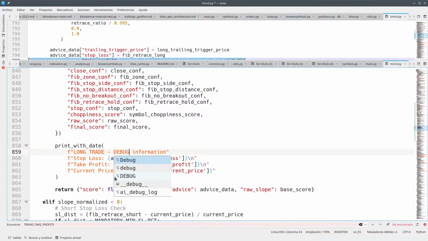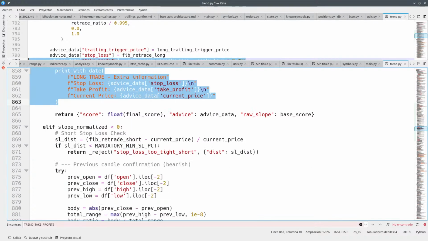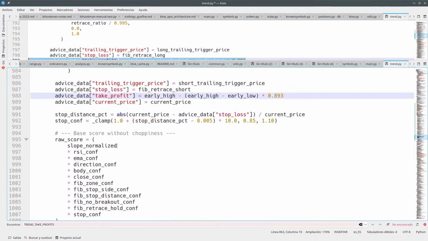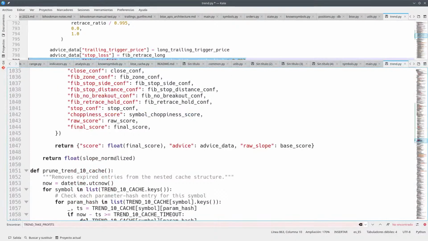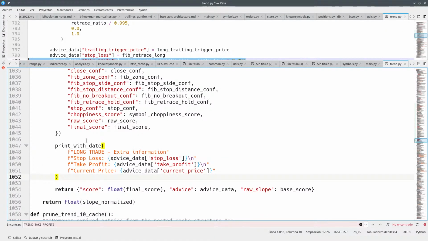Debug, extra information. And down here we should have the same thing, but this is a short trade, so stop loss, take profit, and current price. Yeah, that's right.